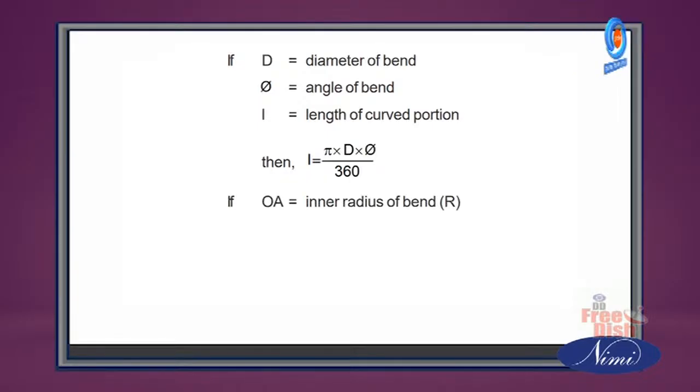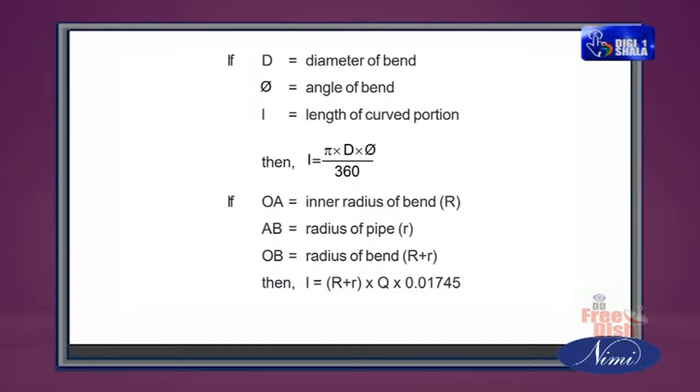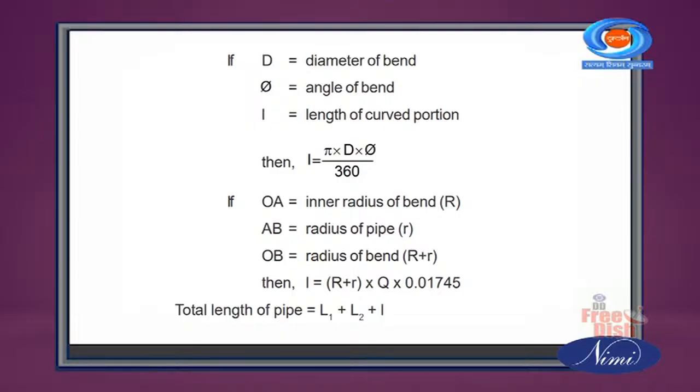If OA is equal to inner radius of bend, r, AB is equal to radius of pipe, r, OB is equal to radius of bend, R plus r, then L is equal to (R plus r) into theta into 0.01745. Total length of pipe is equal to L1 plus L2 plus L.